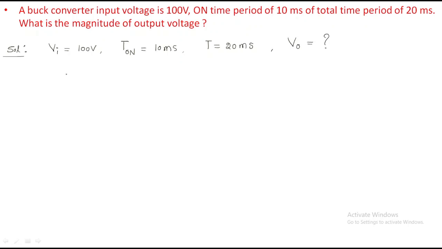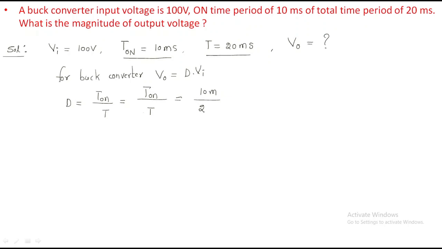For a buck converter, output voltage equals duty cycle times input voltage. What is the duty cycle? D equals the on time period by the total time. The on time period is given as 10 milliseconds, and the total time is 20 milliseconds.